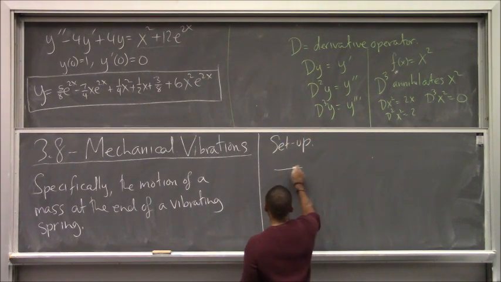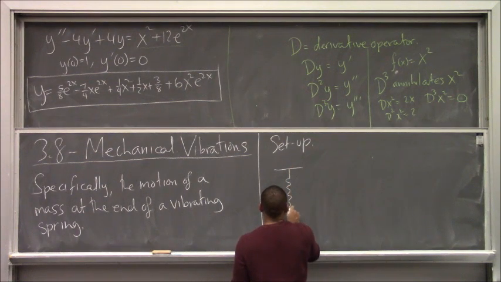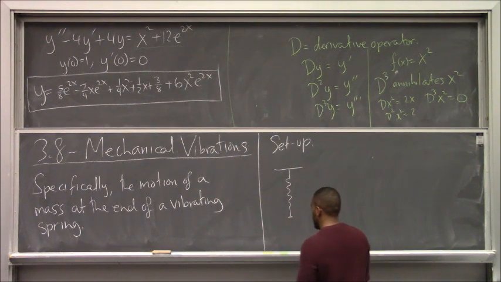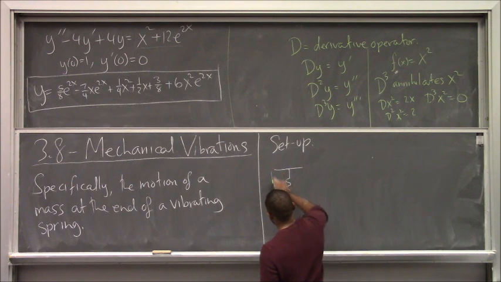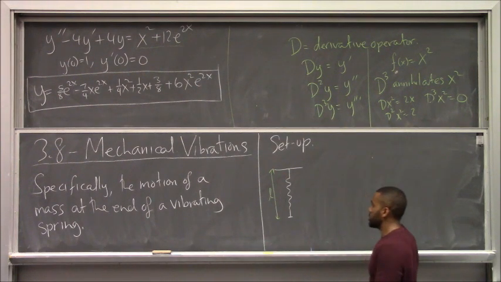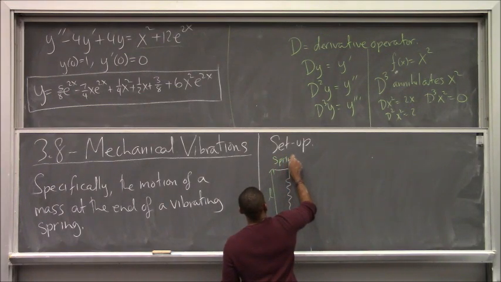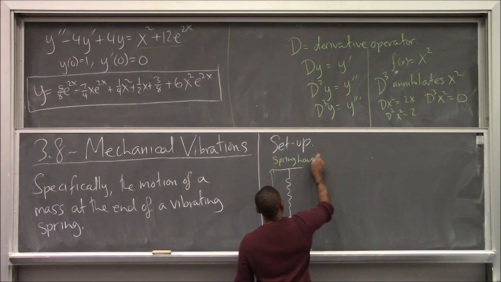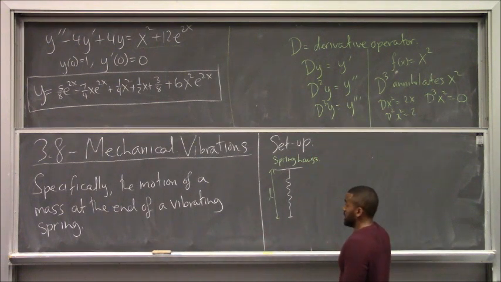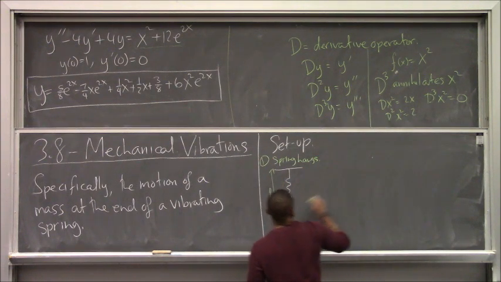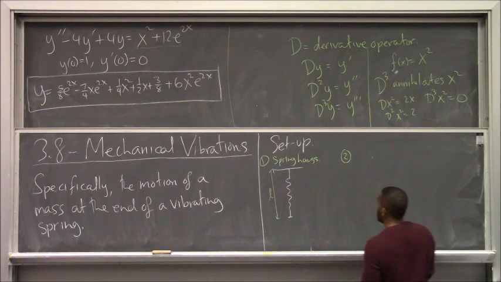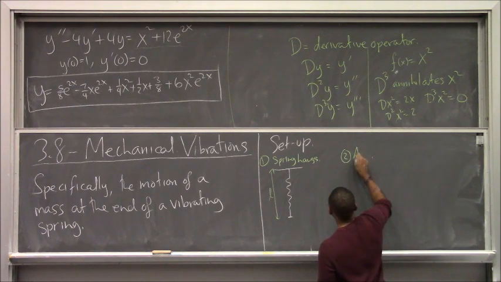You have some spring hanging from something. The spring has length, let's call it little L. That's the natural length of the spring. So the spring hangs. That's the first situation. Two, what you're going to do is attach a mass to the end of the spring.